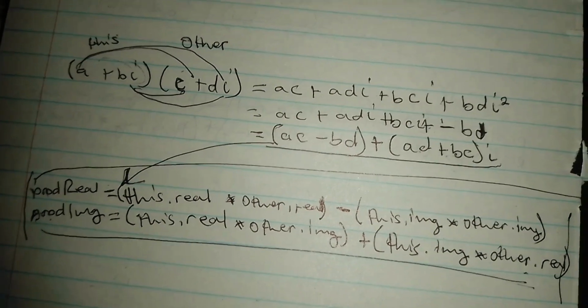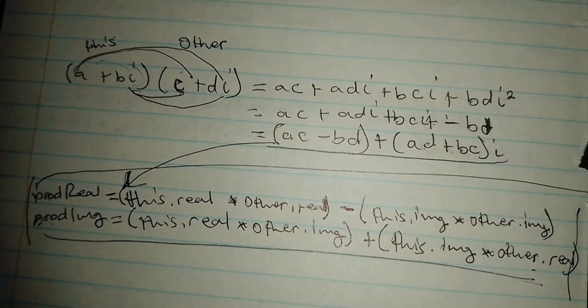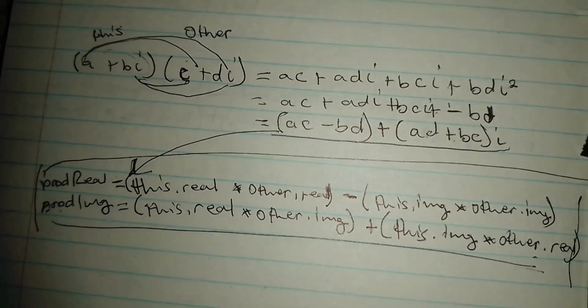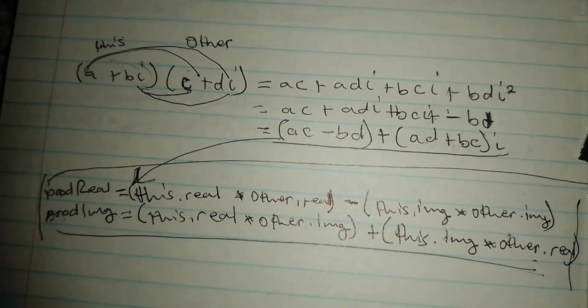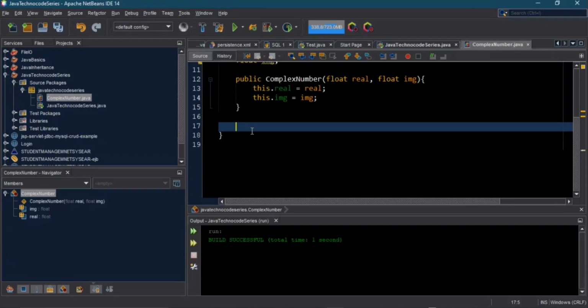So without further ado, let's get back to our NetBeans editor and input this code and see how we are going to work this out. Here in the algorithm, we write it according to the formula that we just derived from the worksheet. I'm just going to say public, and it's going to return a complex number.